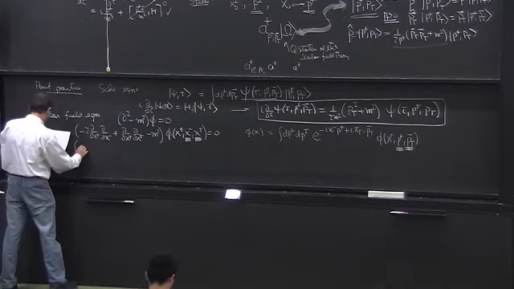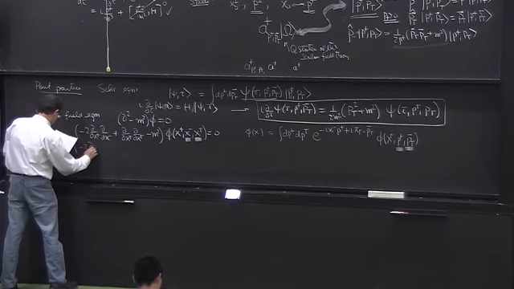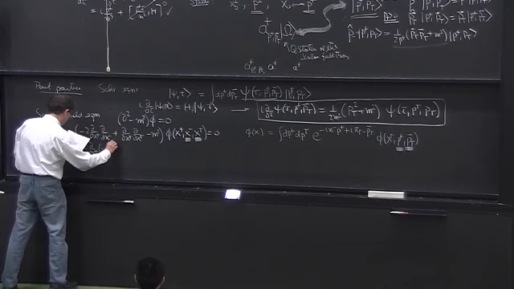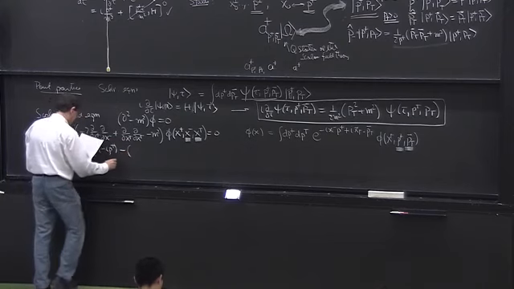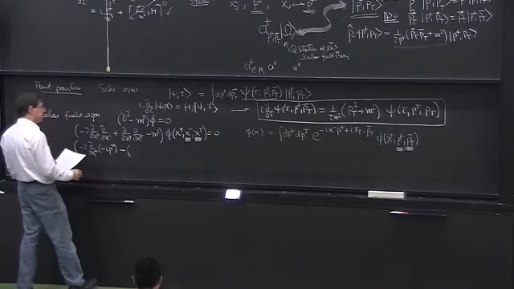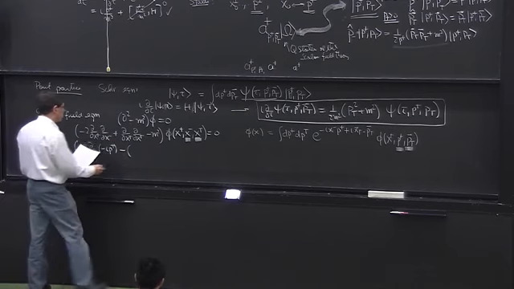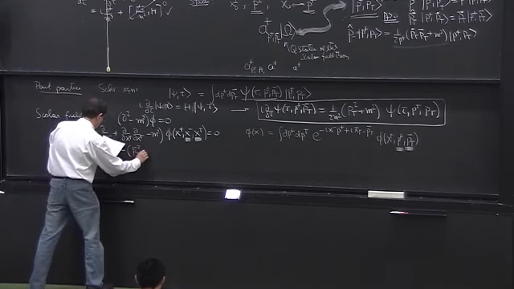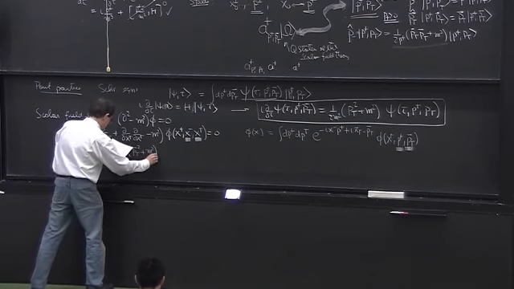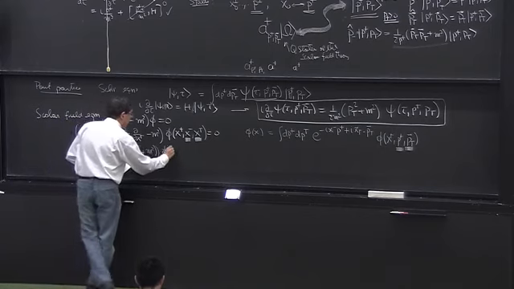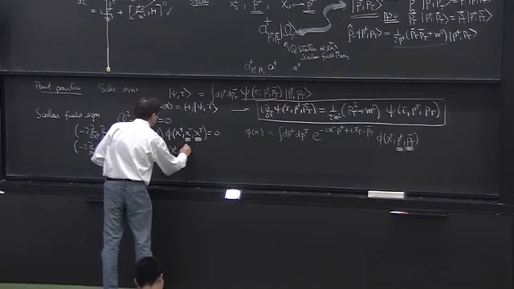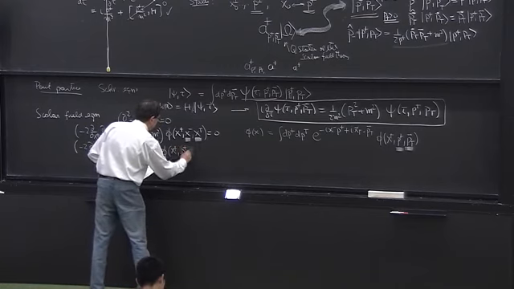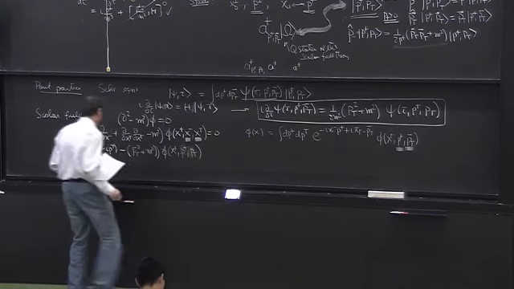So what do you get? −2 ∂/∂x+ times −i p+. And ∂/∂x_T will give you p_T² + m² φ(x+, p+, p_T).